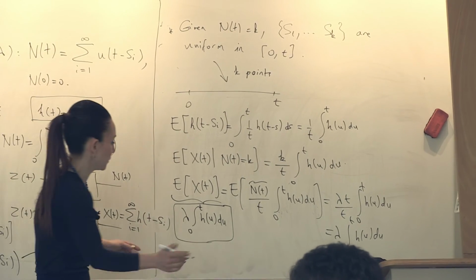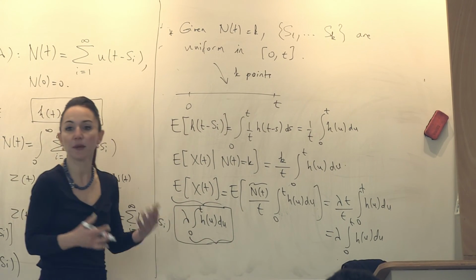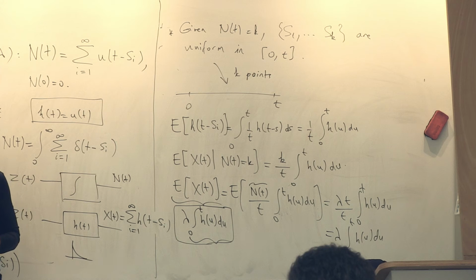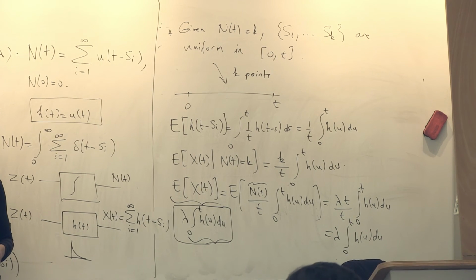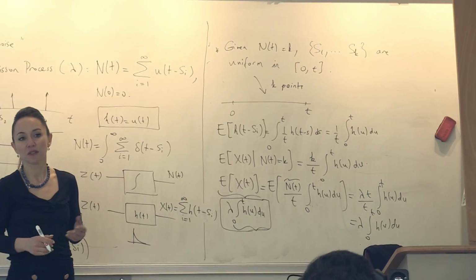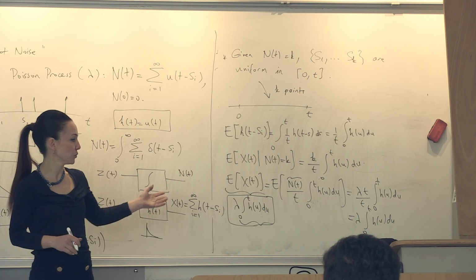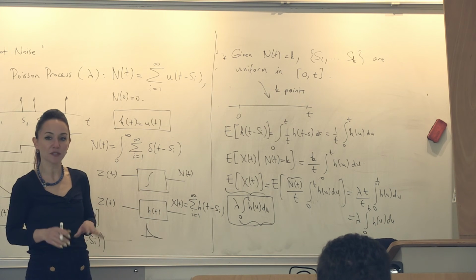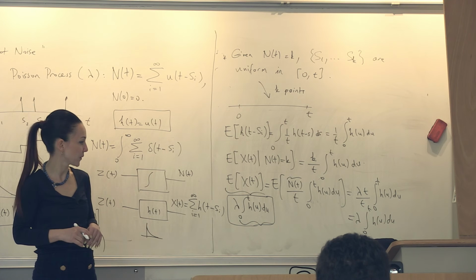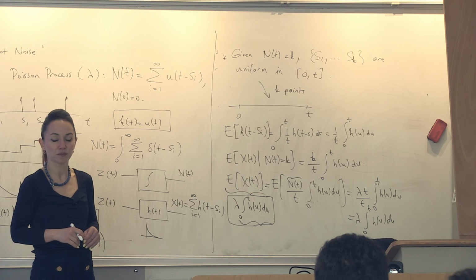If this integral is finite, the expectation of the process approaches a constant. So if the current pulse, for example in a photodetector, has finite duration and is integrable, then at any time this shot noise process has constant expectation, and that depends on the rate of arrivals.